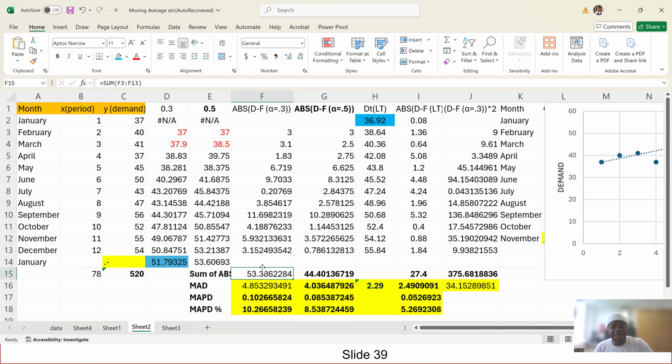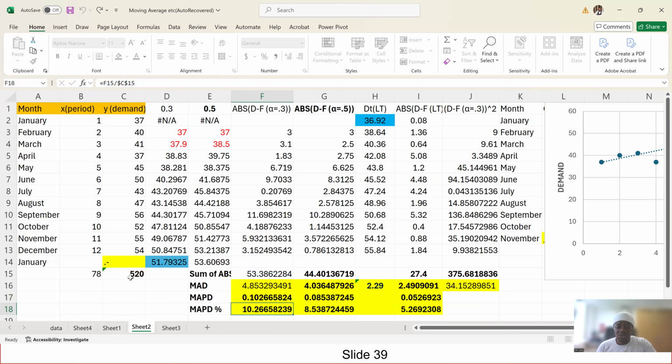And that 53 is what I divided by 11 and I got this for the mean absolute deviation. But now I'm looking for the mean absolute percent deviation. And how do you do that? It's very simple. Once you get this same number that you divided by the 11, this time you divide it by the 520, which is the total demand. That's all.